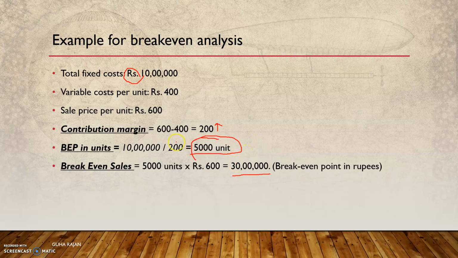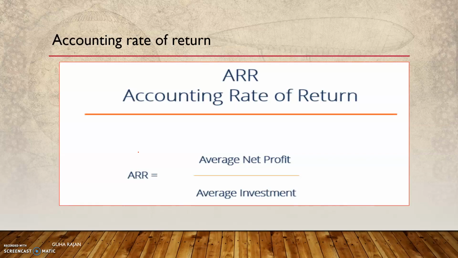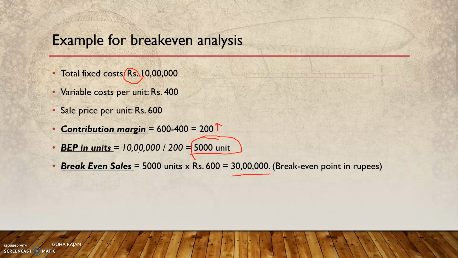So in a business, the total fixed cost, the variable cost, the contribution margin, all play a critical role in determining the break-even point. This gives you a fair idea about the break-even analysis, and it is quite critical.